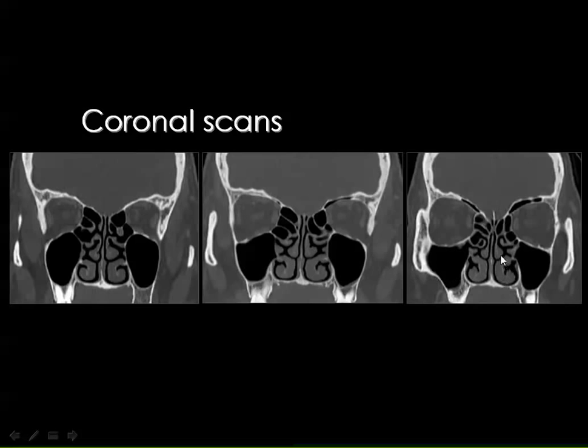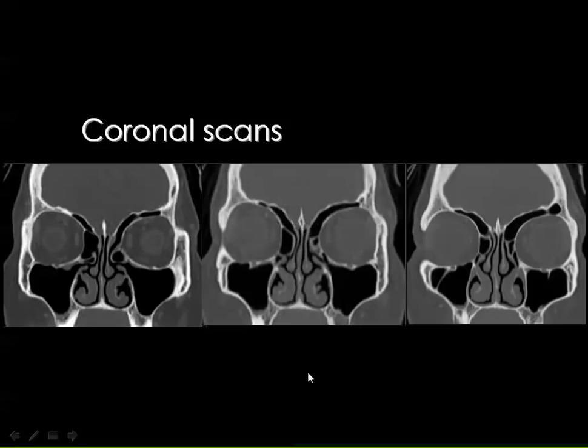Then you see the nasal turbinates, the bony nasal septum, ethmoidal air cells, and the start of the pneumatization in the front, the orbital roof, which is considered part of the frontal sinuses. And here you can see the ostium of the maxillary antrum on both sides, and you see the orbital cavity, the pneumatization of the orbital roof, and this is the maxillary sinus, and here is the bony nasal septum.